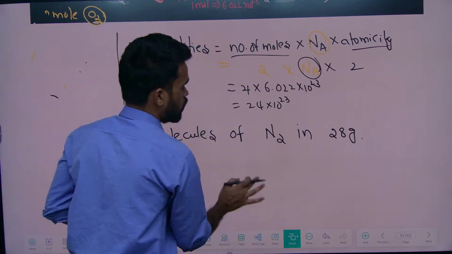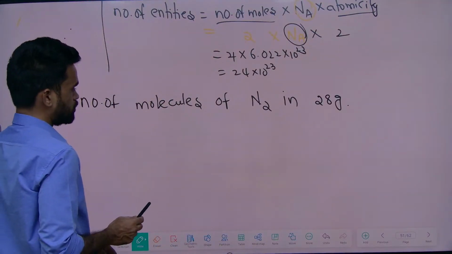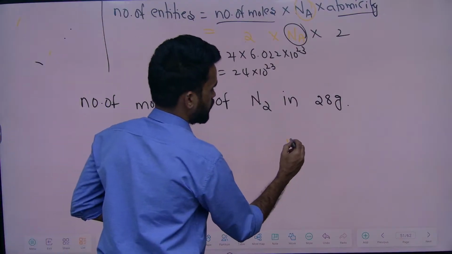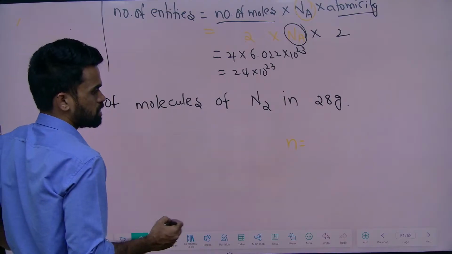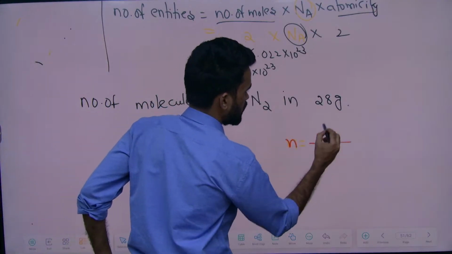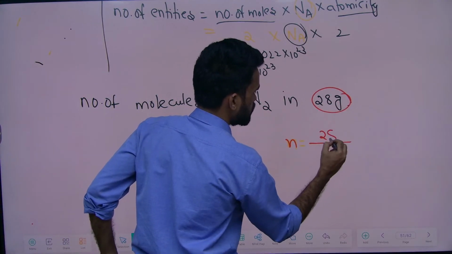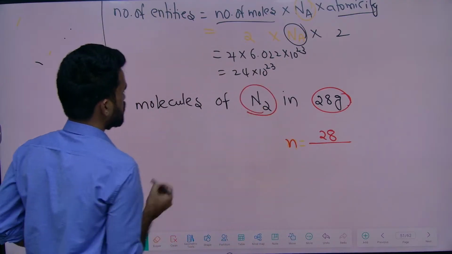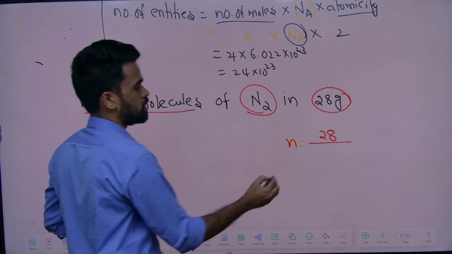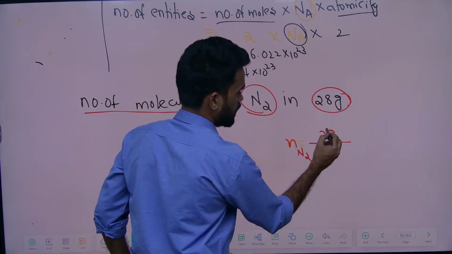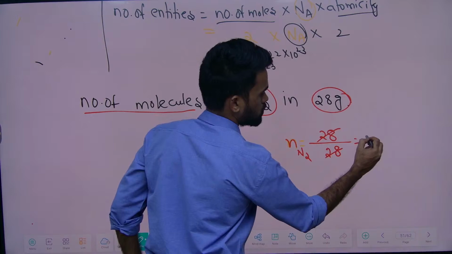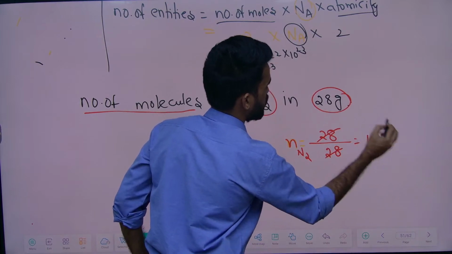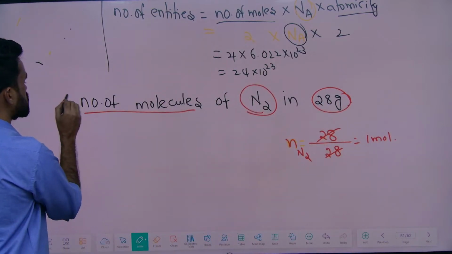So how can you answer these? First you find number of moles. How many moles will it be? Number of moles will be given weight 28 grams by its molar mass of nitrogen, because they are asking number of molecules only. You divide this with its molar mass of nitrogen, also 28, so it will be 1 mole. This is fine, but the question can be asked in the other way also.